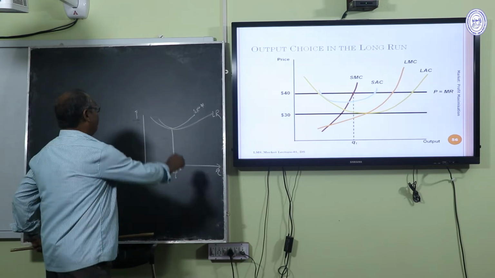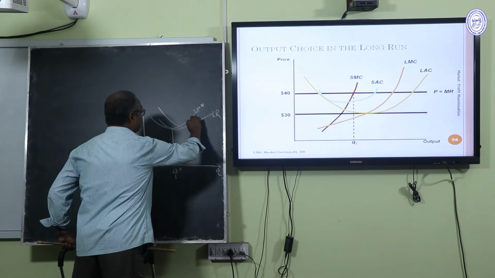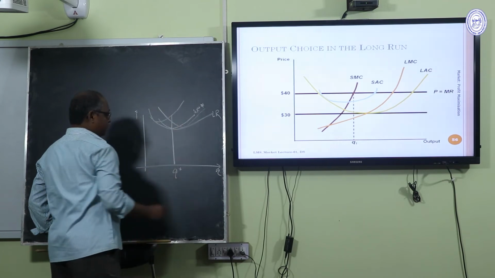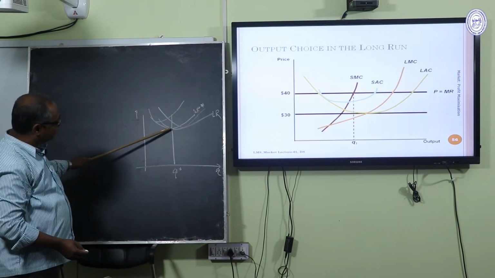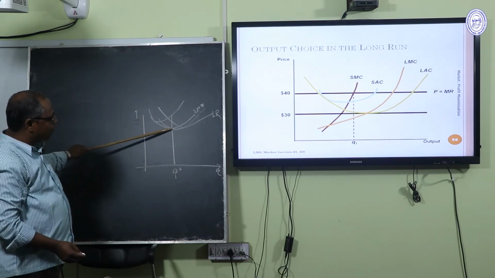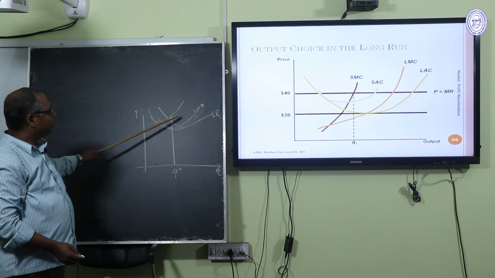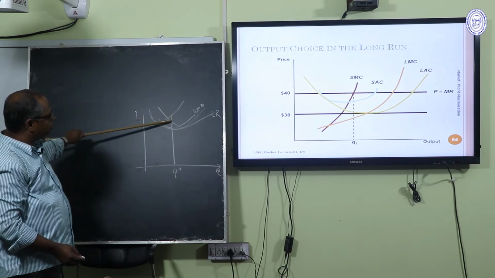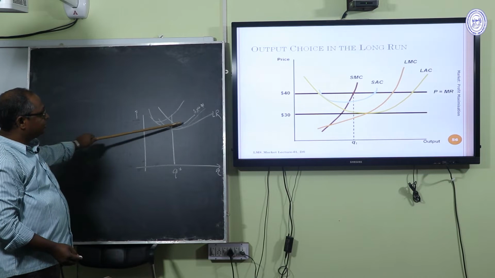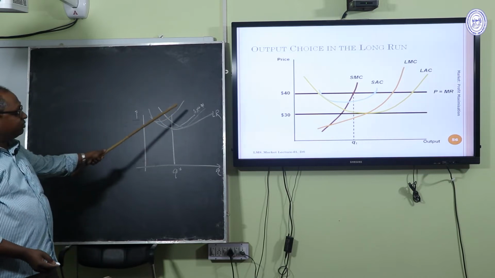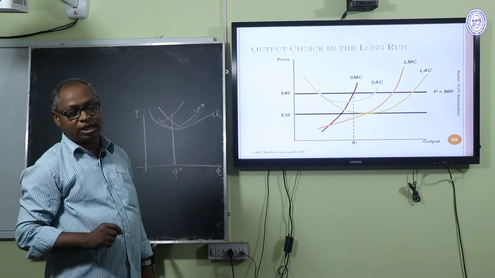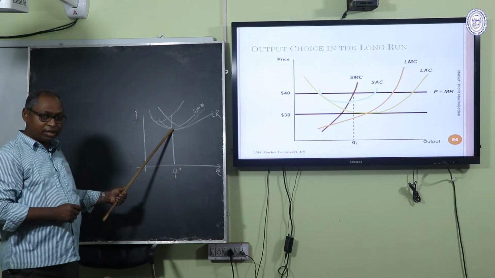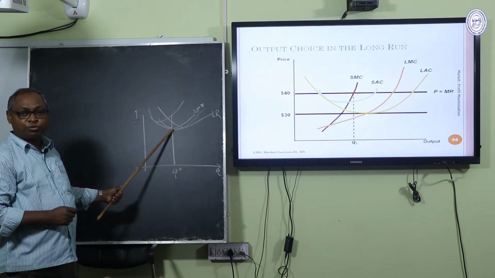The firm can produce using another plant, say this plant, or with another plant. But the cost of production in those short runs is high compared to that plant size. So this SR star short run plant size is the optimal one, it is minimum cost bearing, and so this is also the long run cost point.